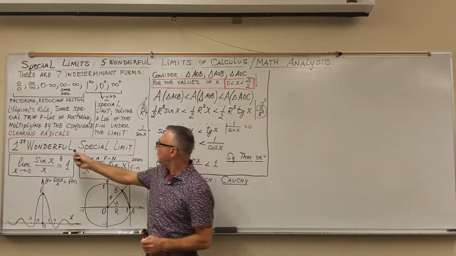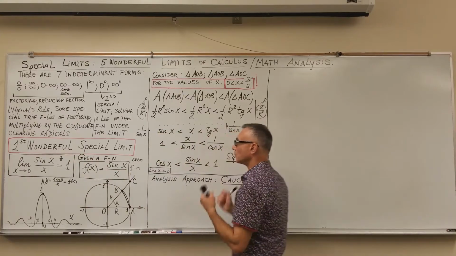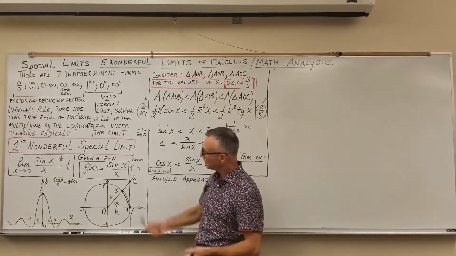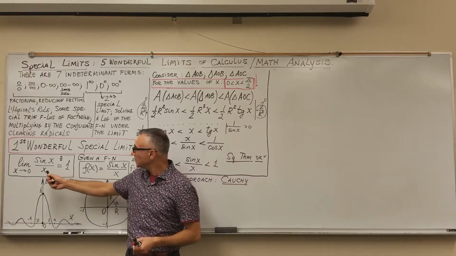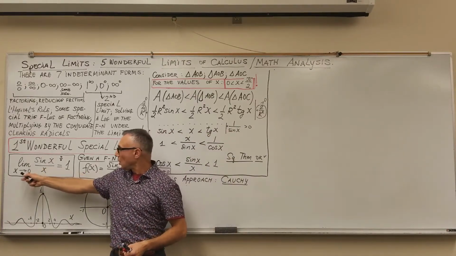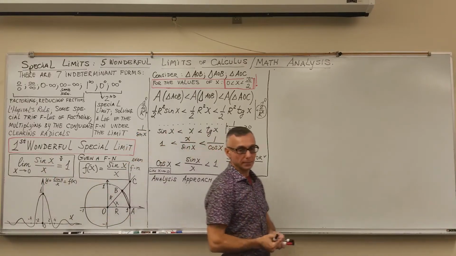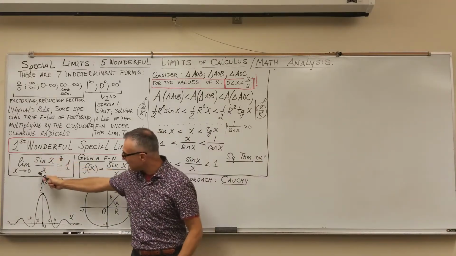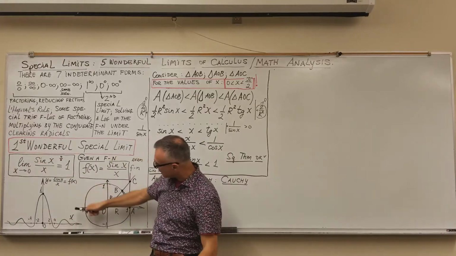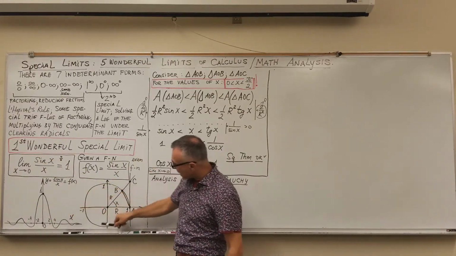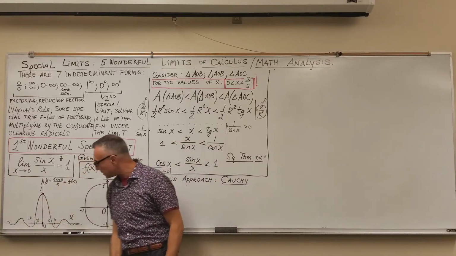So the first wonderful special limit, you all know it. We go back to old times, to ancient Greece. The first known limit, when x goes to 0, of sine x over x, is equal to 1. If we look at this function, sine x over x, it looks like this kind of relaxing oscillation, the relaxation of oscillations.